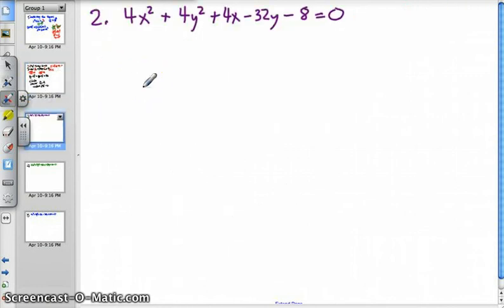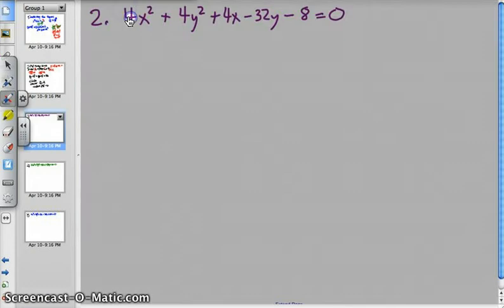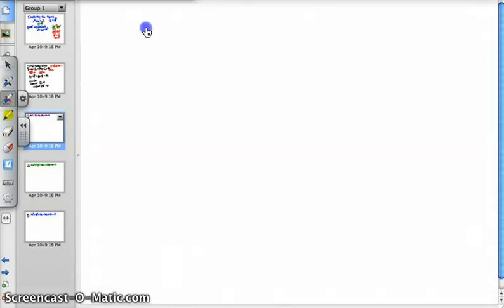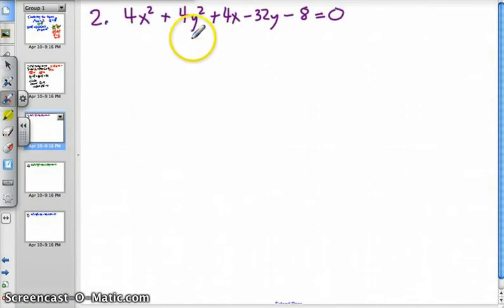Now here I'm going to do the same thing, except notice that I can't complete the square yet because I don't have a 1 in front of my squared terms. If this coefficient is not equal to 1, then I cannot complete the square yet. I can see that every term in this is going to be divisible by 4.